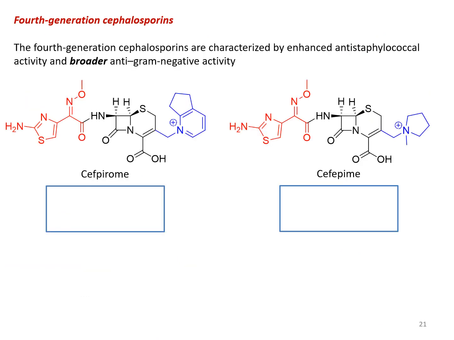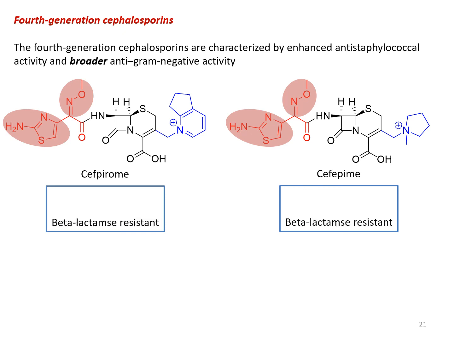The two drugs that are classified as fourth-generation cephalosporins that we will be discussing are cefpirome and cefepime. Both have the methoxyamino aminothiazolyl as the C7 side chain that results in resistance to beta-lactamases. The permanently charged substituents on carbon 3 result in enhanced penetration to gram-negative bacteria, thus leading to broader spectrum of activity.